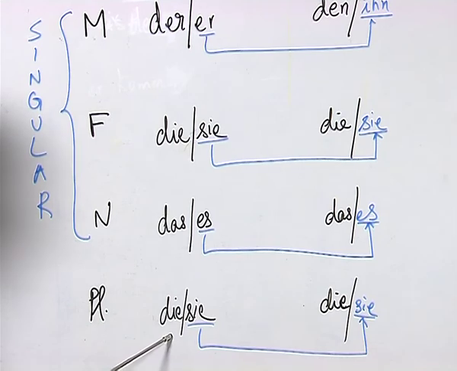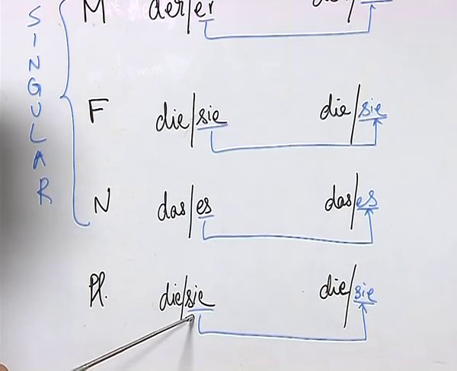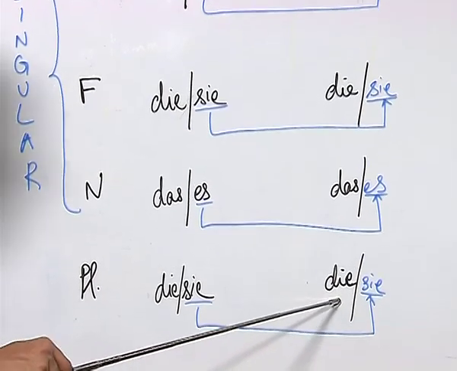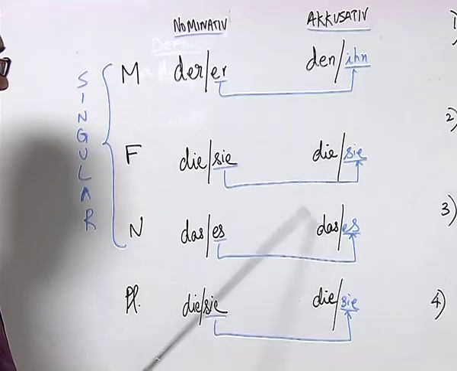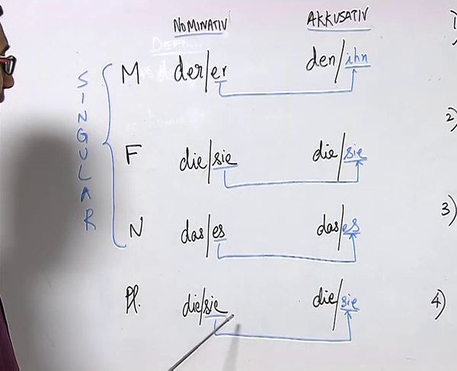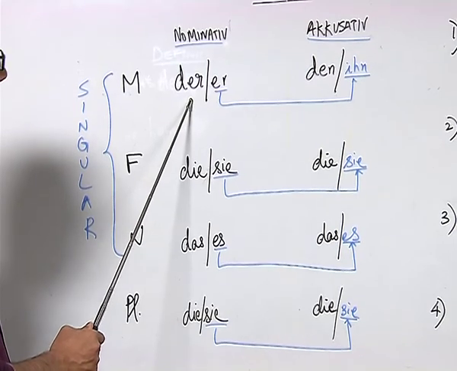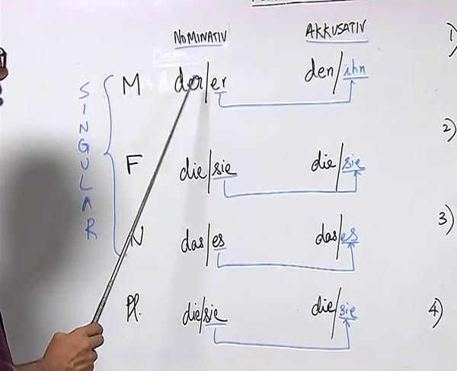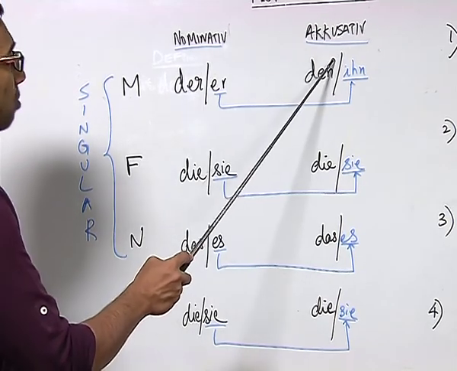Here also for the plural article die and its corresponding pronoun sie, they retain the same form in accusative. So as you can see, except for the masculine gender, the feminine, neutral gender as well as the plural have the same articles, also the same pronouns in nominative as well as accusative. It is only in the case of the masculine article that we have changes happening in nominative as well as in accusative.